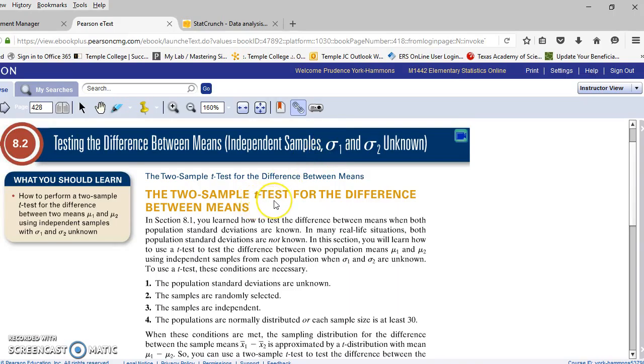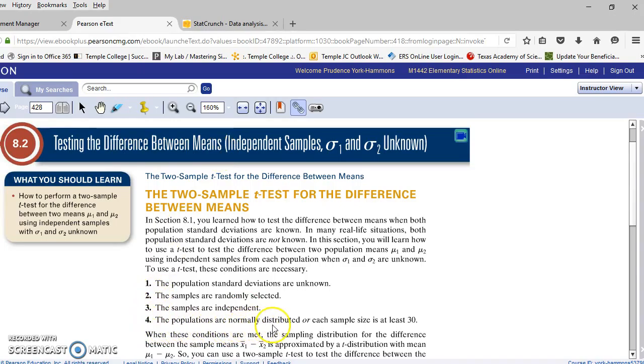We had to do a t-test, but there were some conditions that had to be met for us to even be able to do the t-test. Those conditions were that the population standard deviations are unknown, the samples are random, and they are independent for testing difference between means. These are the four conditions.